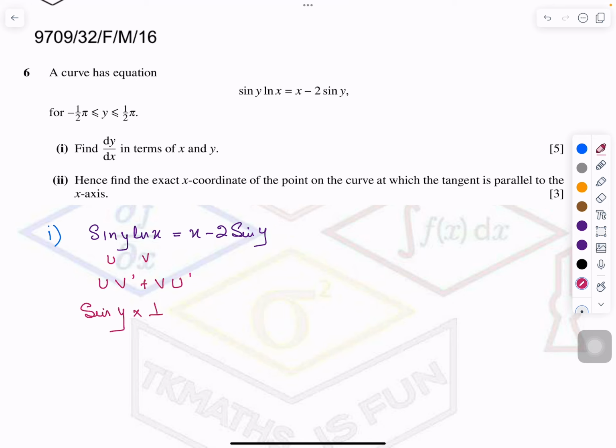Differentiation of ln x is 1 over x, plus differentiation of sine y will be cos y dy over dx, right? And the right hand side will be 1 minus 2 times differentiation of sine y, which is cos y dy over dx.